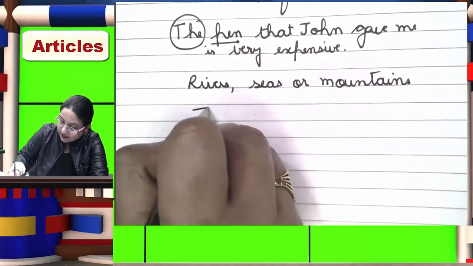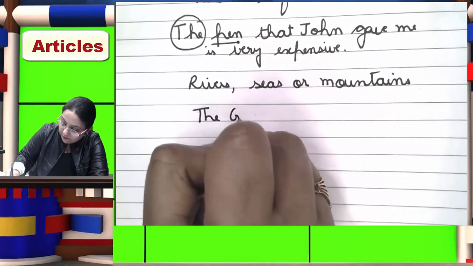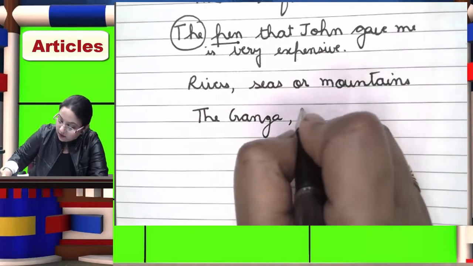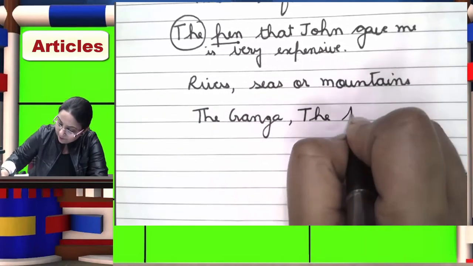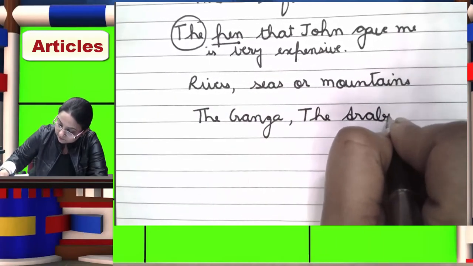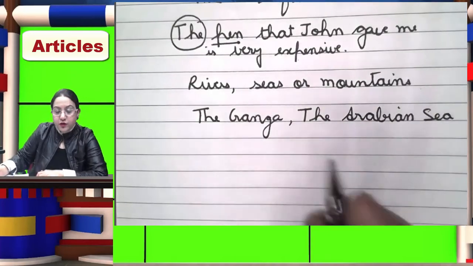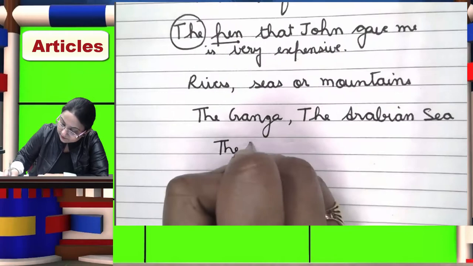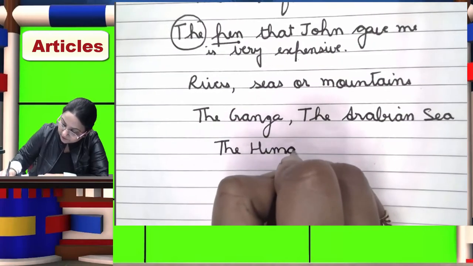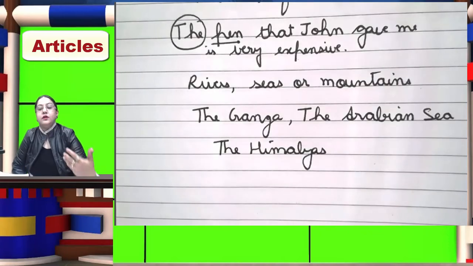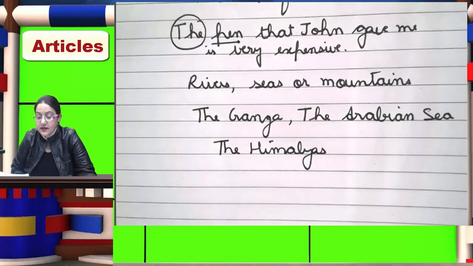For example, we say the Ganga river, the Ganga, or the Arabian Sea. And if talking about mountains, we say the Himalayas. Okay. So whenever I'm talking about the names of rivers, seas, and mountains, we use the article the.